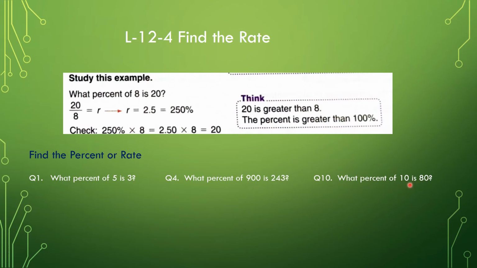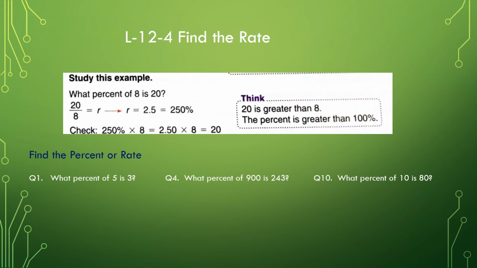Again in this one, the whole is 10 and the part is 80. Here the whole is less than the part, so this answer is more than 100%.